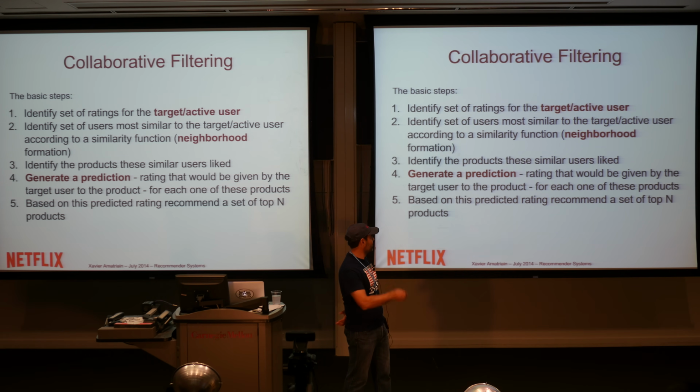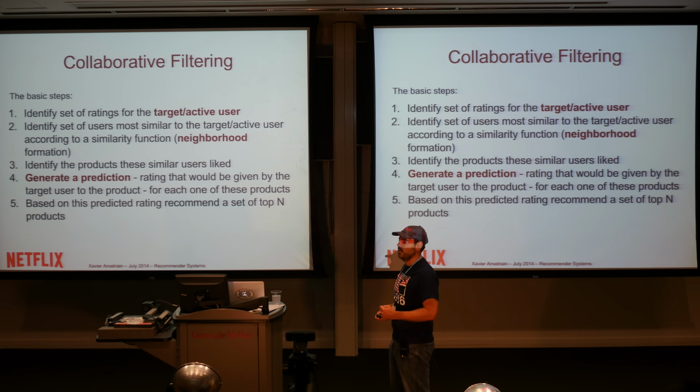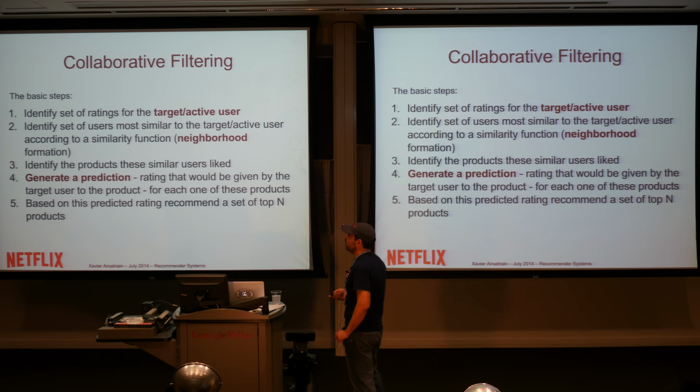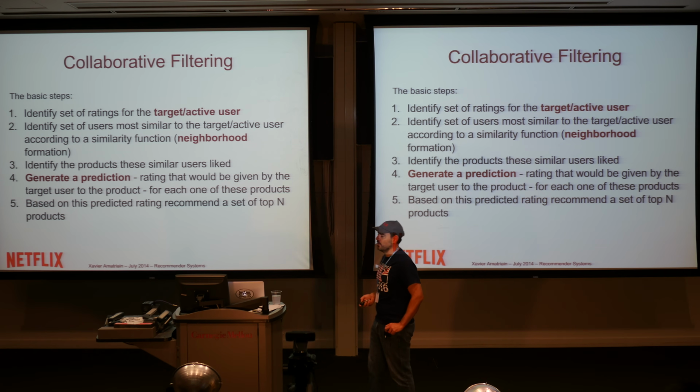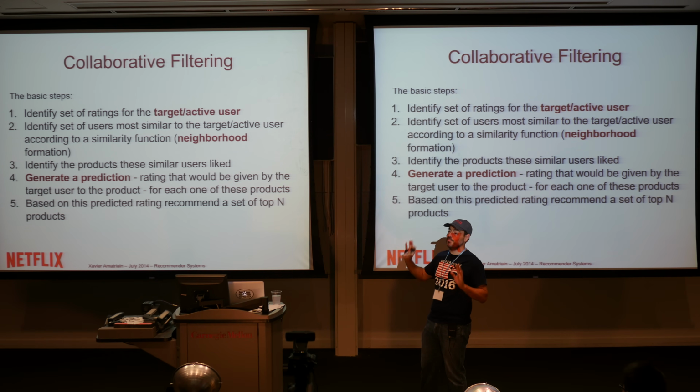And based on this predicted rating, we sort the items and we recommend the top n. Right? So this is the basic approach to collaborative filtering. And all the other things that I will throw in later on, including things like learning to rank and deep learning and so on, have flavor of exactly this same thing.